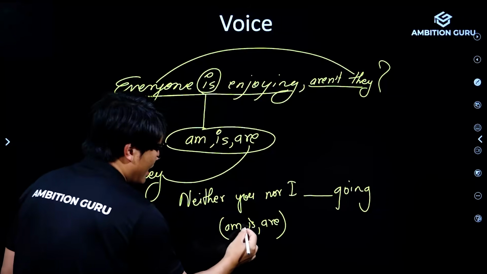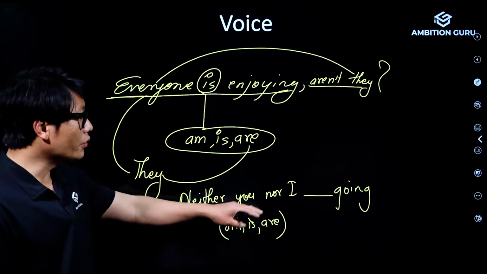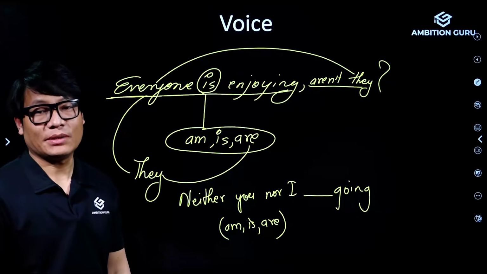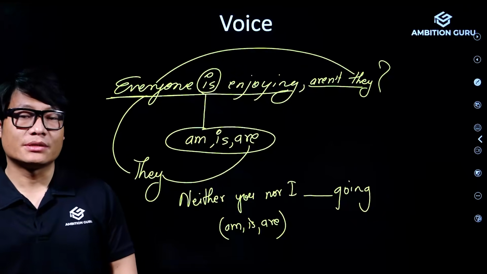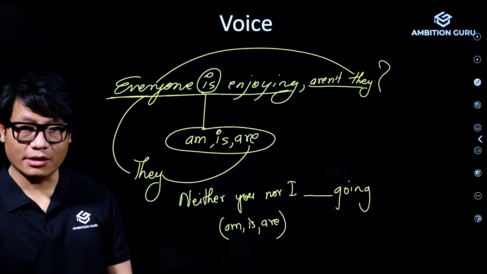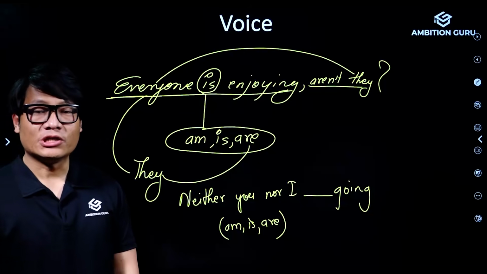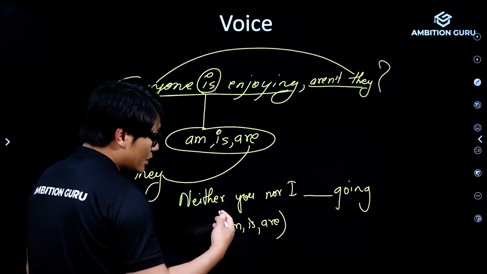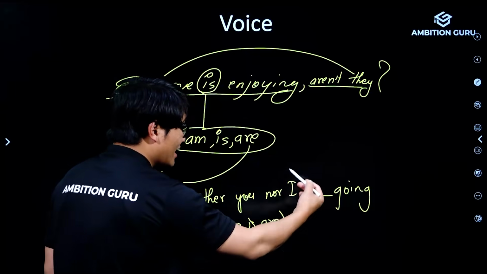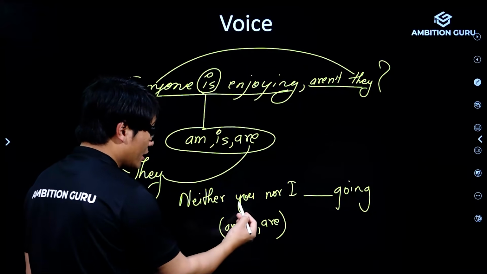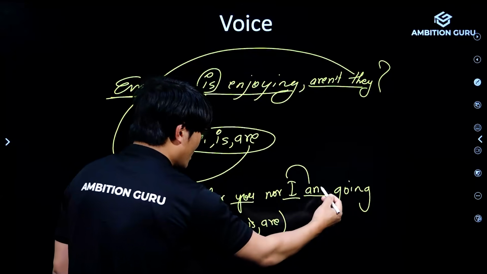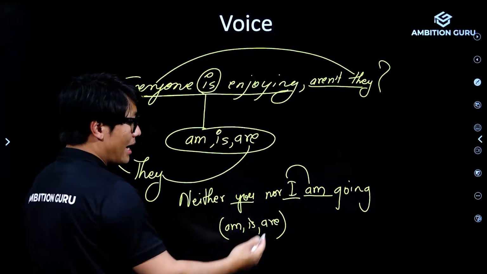So what's the right option? Neither you nor I going. Yes, Vicky, Sevika, Geos, Tilok, Tirtha, Amisa, Ram, Janaki. Very good, Junis, Yogendra. Because we need to use a verb according to the last subject or last pronoun. Like "you" is the first, "I" is the last. So we use here "am": Neither you nor I am going.